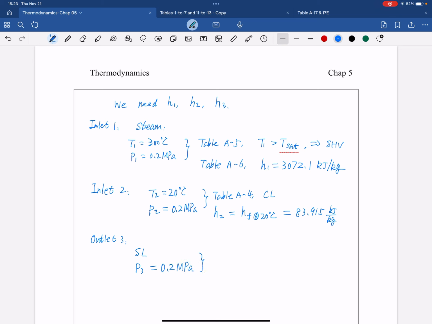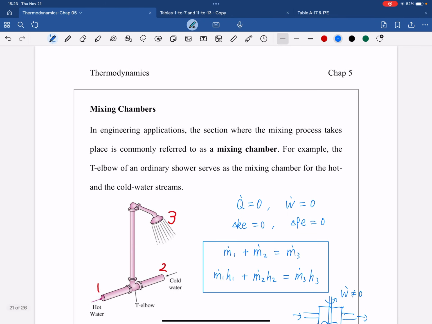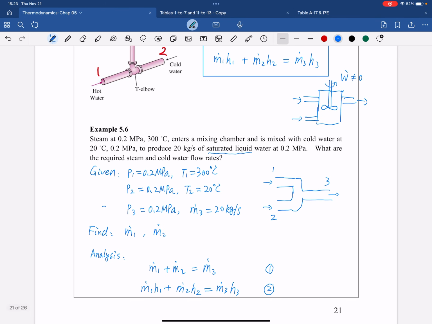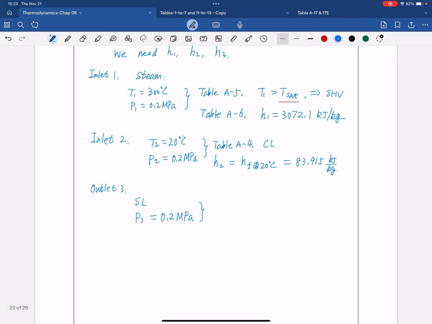We probably need to add this given condition to state 3 as well. SL for state 3. Now let's go back to the calculation.